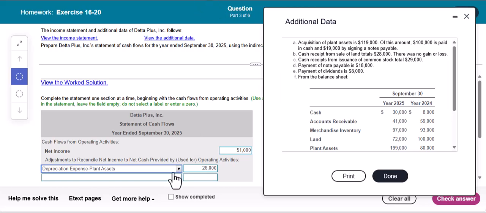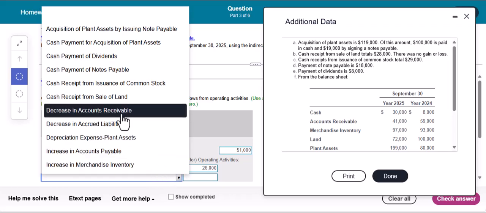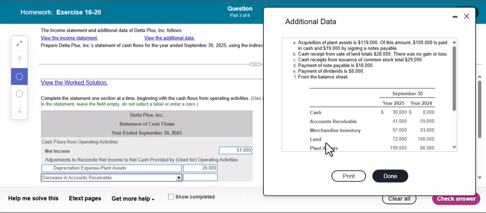Since that's a decrease in AR, that will be our label: a decrease in accounts receivable, and the difference is $18,000. What was the effect on cash when AR decreases? If AR decreases, cash must have gone up because we collected on AR. So the $18,000 will be going up. We can input that here.